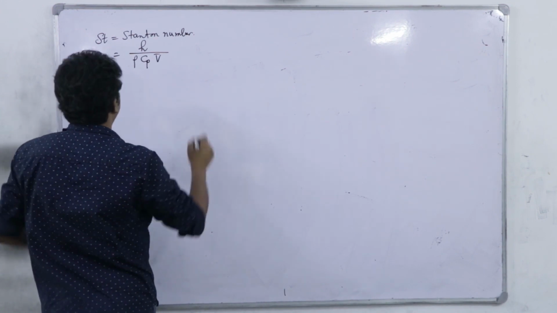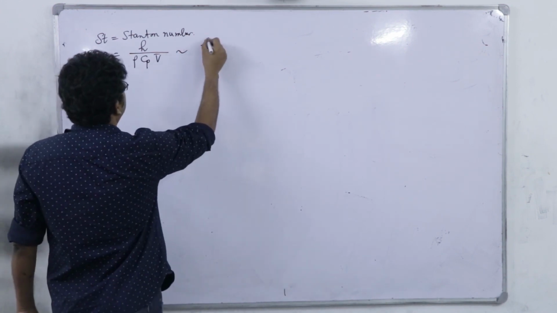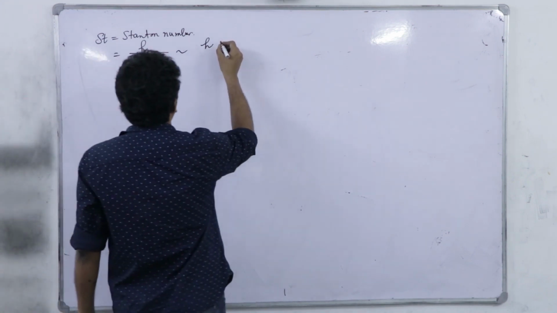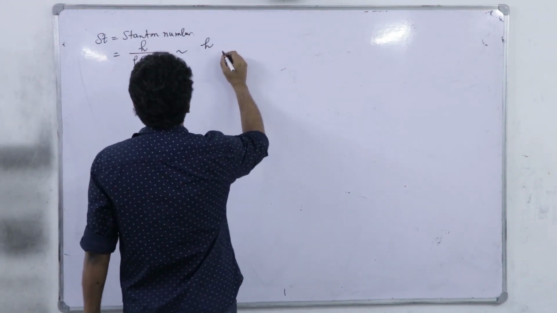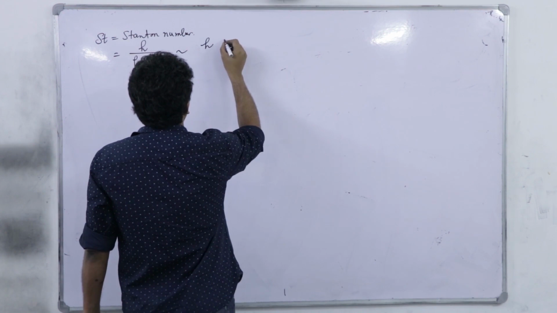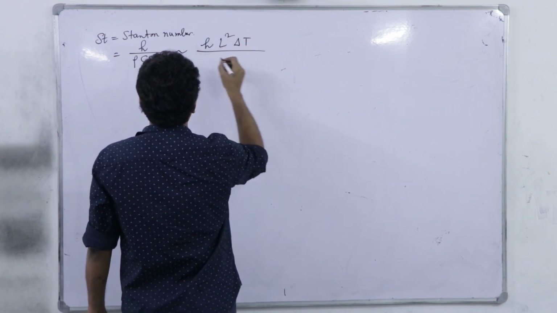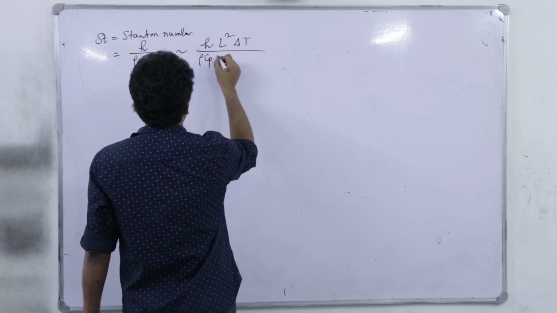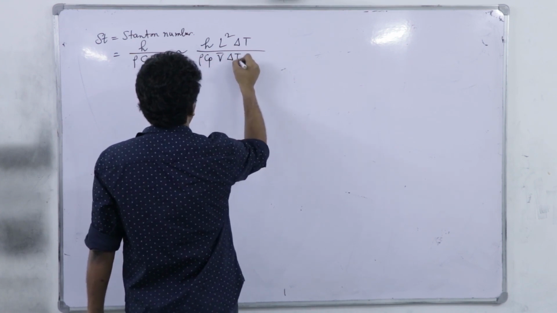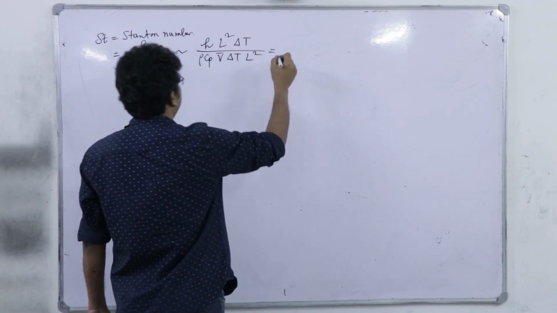So, what is that basically? You can write it as h into the area, L square, into delta T, divided by rho Cp V bar into delta T into L square. So, what does it mean?